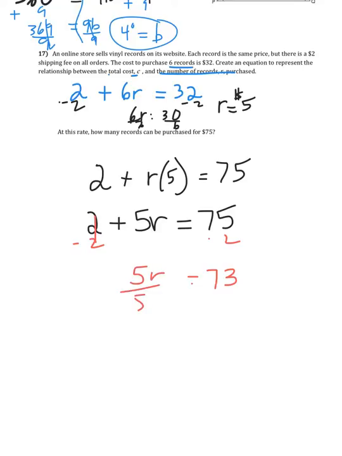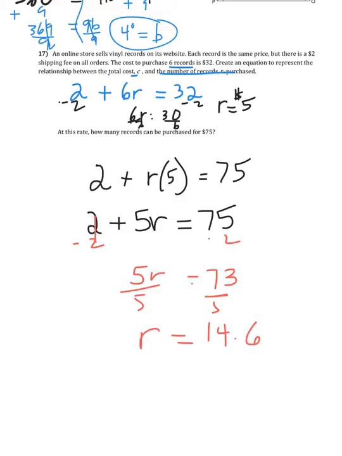Divide by 5. R equals 73 divided by 5, which is going to be 14.6 if I use my calculator. Or I could divide it out.